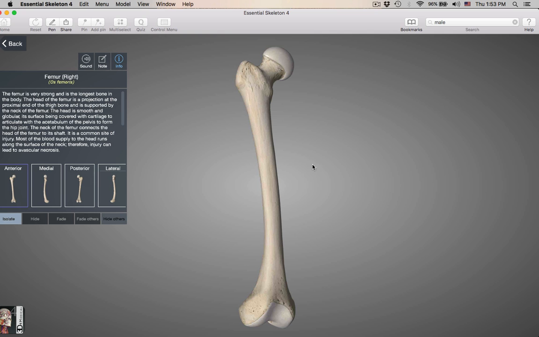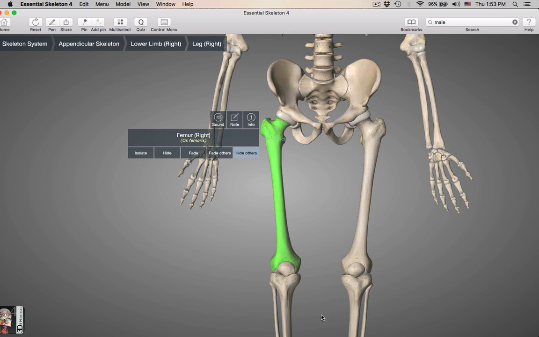So that's it for the femur. So now let's go back to the next bone.